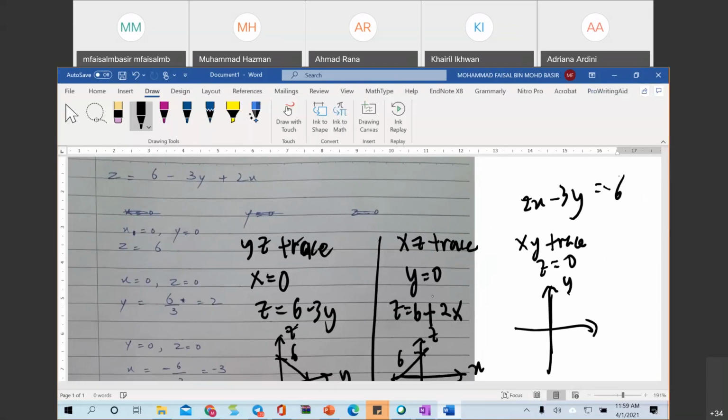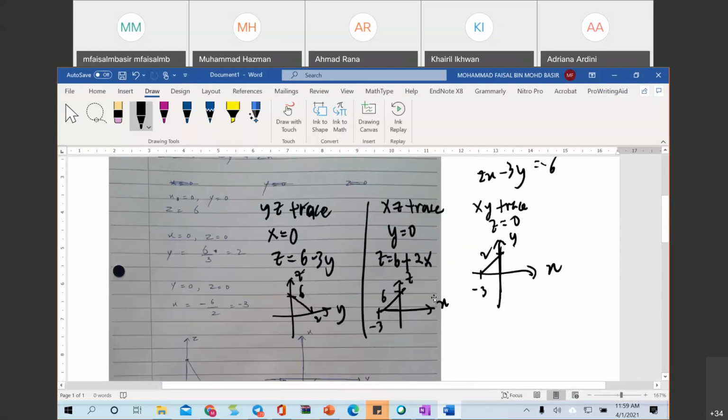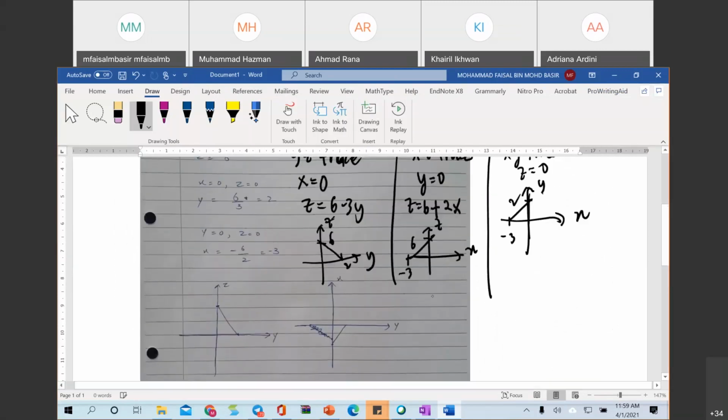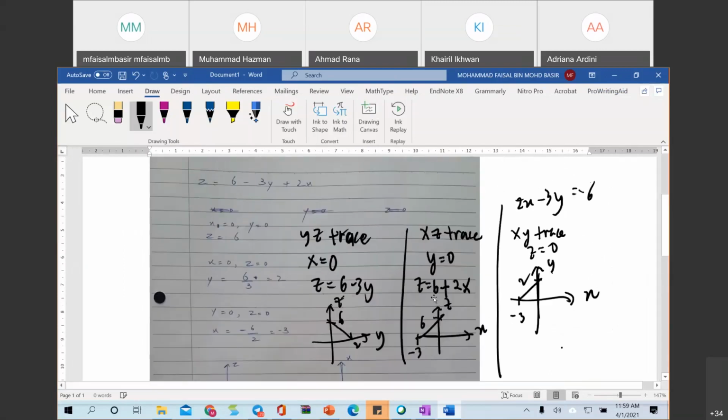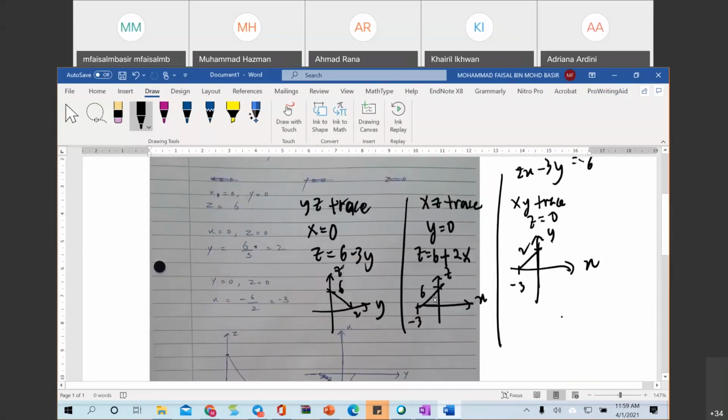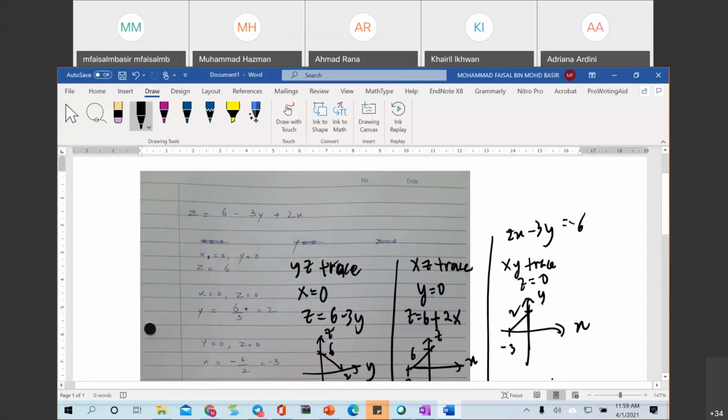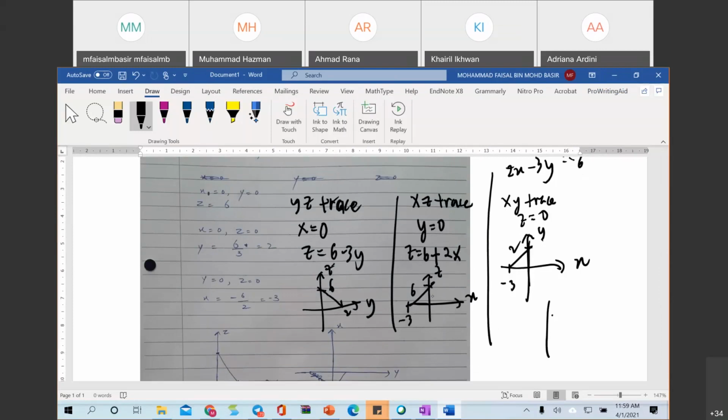This is yx. And when y is 0, x is -3. So for 3D, you just draw like this.